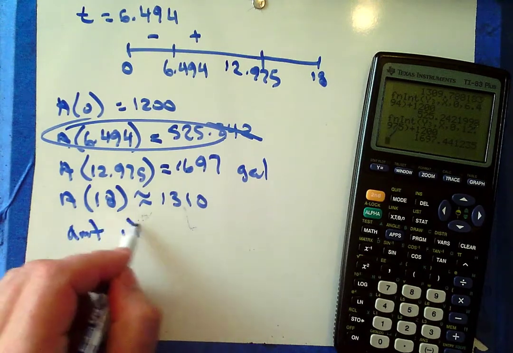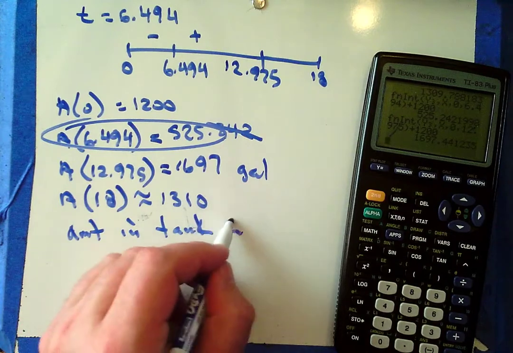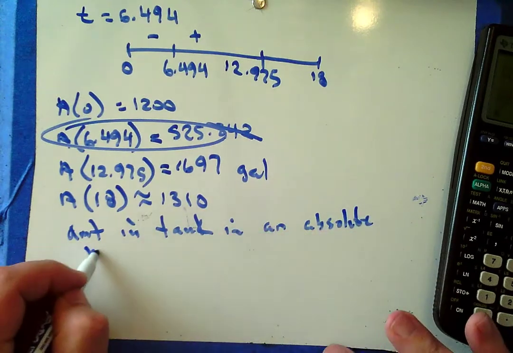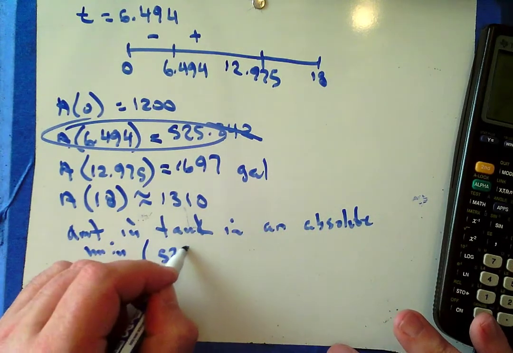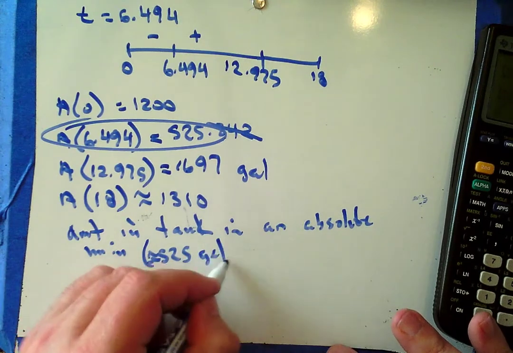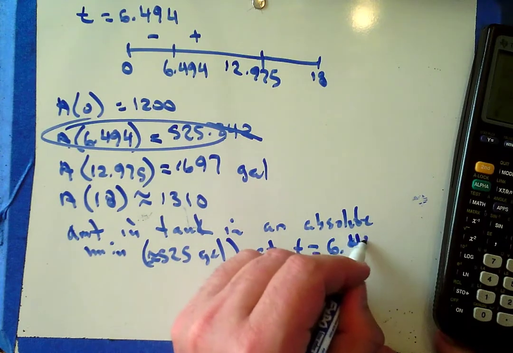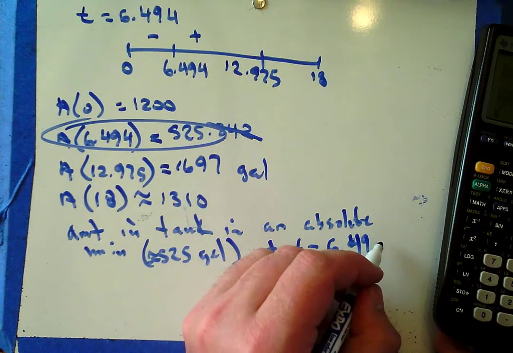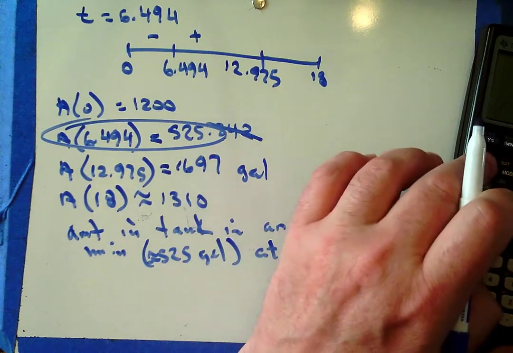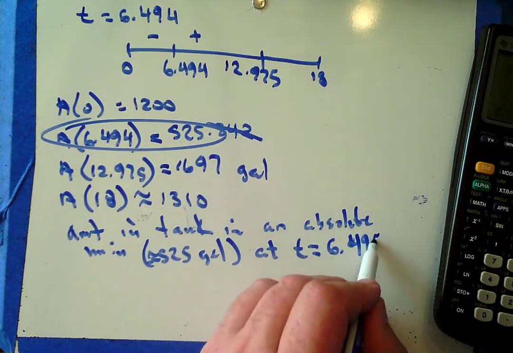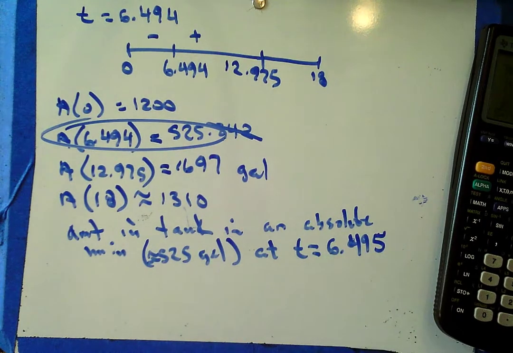Amount in tank is an absolute minimum, 525 gallons at t equals 6.49. I have 495 in my notes, so maybe there was a rounding issue, and I didn't round carefully enough.